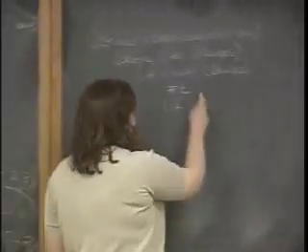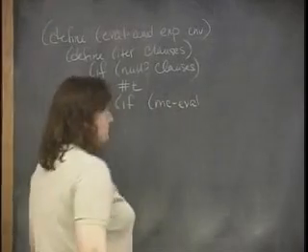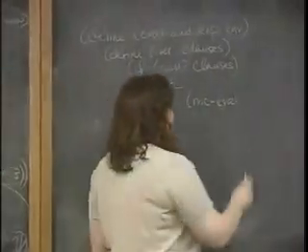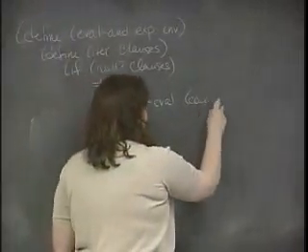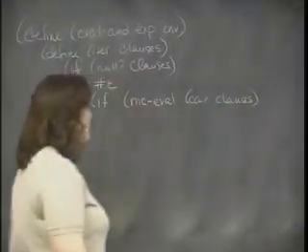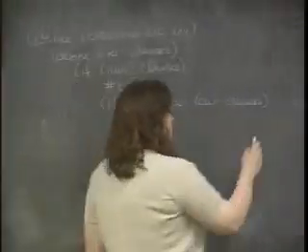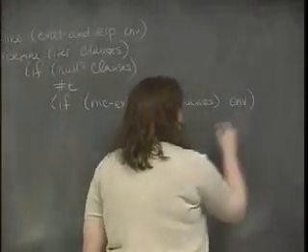So we say if mc-eval, we're going to evaluate the first clause, car clauses. We need to pass mc-eval one more thing, an environment. So we always need to evaluate with respect to some environment.